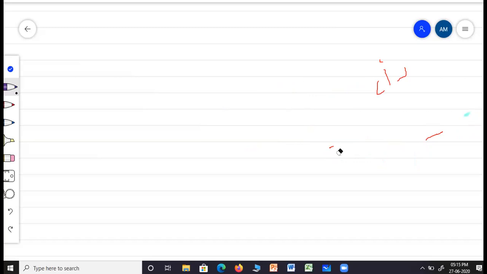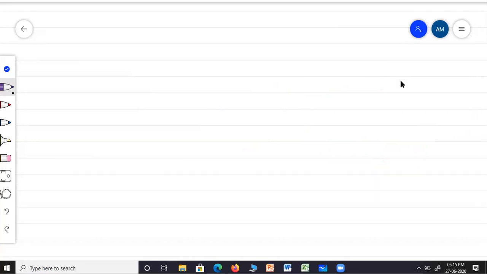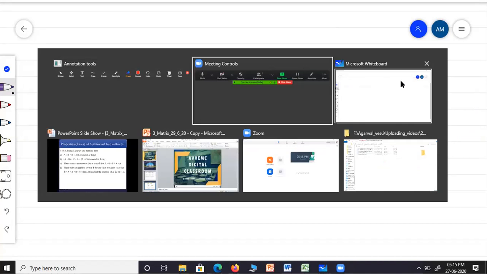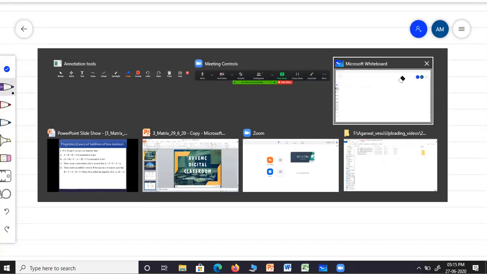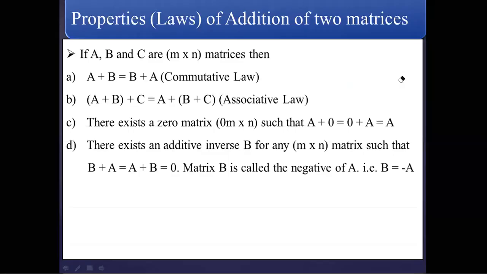You can write your own two matrices and check this rule. Now moving on, the next rule is (A + B) + C = A + (B + C). That is the associative law. What is the meaning of this?